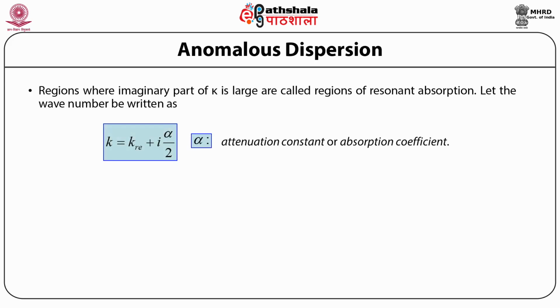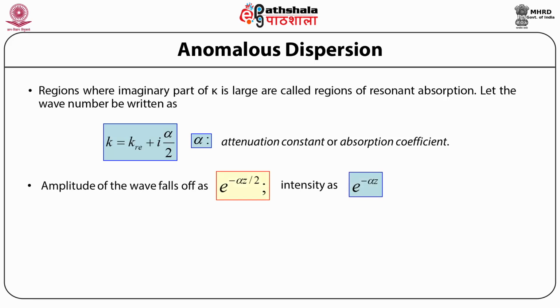If the wave number is written as k equals k_re plus i alpha divided by 2, then the parameter alpha is known as attenuation constant or absorption coefficient. The amplitude of the wave falls off as e raised to power minus alpha z divided by 2, and hence the intensity as e raised to power minus alpha z.